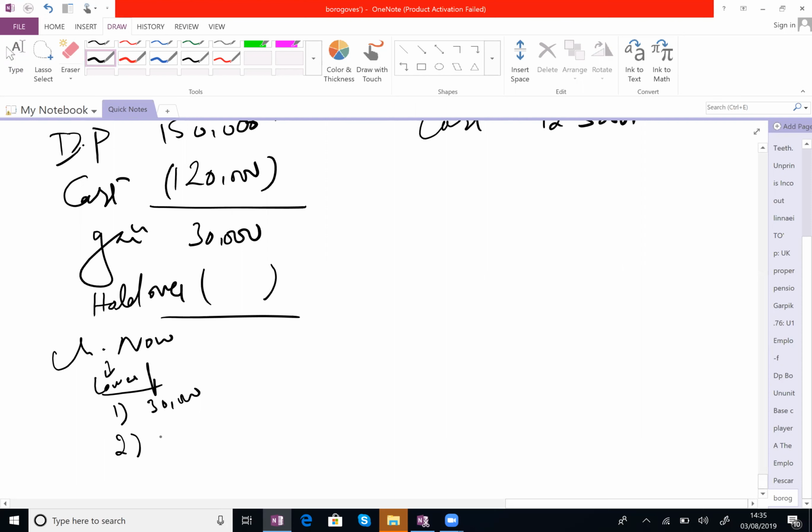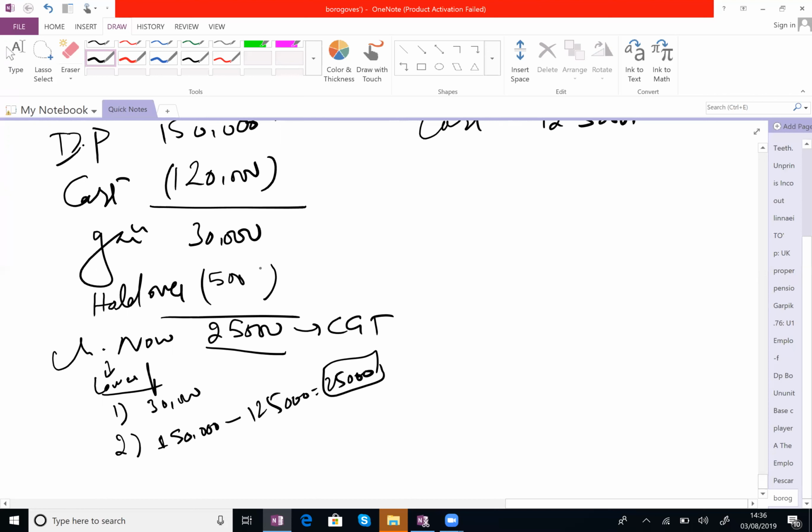Cash in hand means disposal proceeds of 150,000 you received, out of which you reinvested 125,000. So 25,000 is still cash in hand. Lower of 25,000: on 25,000 you have to pay CGT now, and the balance 5,000 will be holdover, meaning frozen.